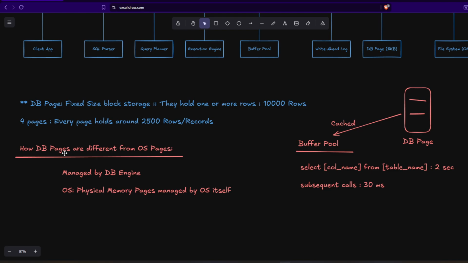I hope this part is clear, that a database page is nothing but a fixed size block storage, but significantly different from the actual operating system pages. Suppose you have 4 pages of 2500 rows and they are full.